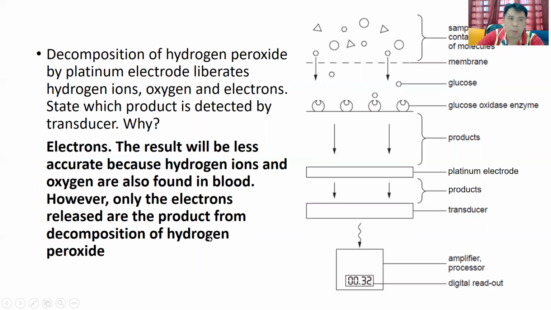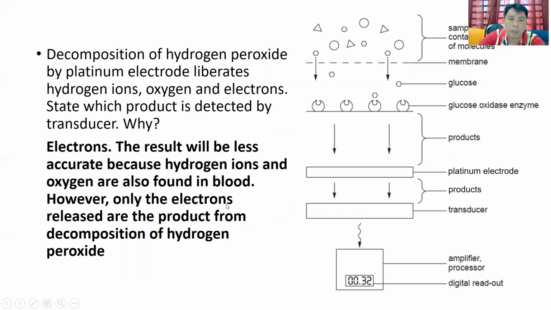Decomposition of hydrogen peroxide by the platinum electrode liberates hydrogen ions, oxygen, and electrons. So there are three products here. State which product is detected by the transducer. The product detected by the transducer is electrons. Why? The result will be less accurate because hydrogen ions and oxygen are also found in blood, if we detect the presence of hydrogen ions or oxygen.